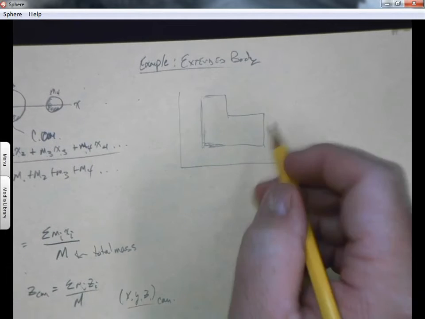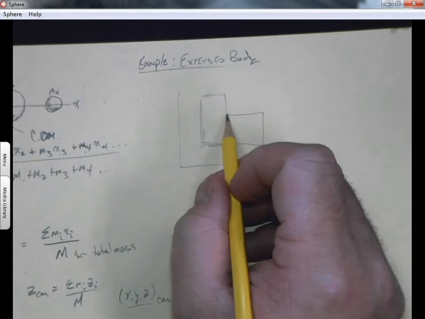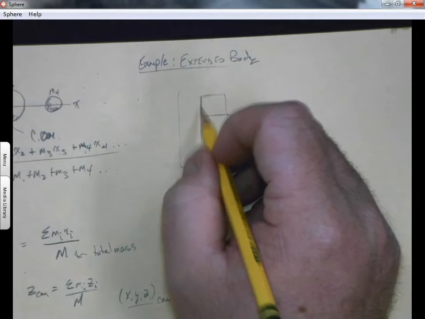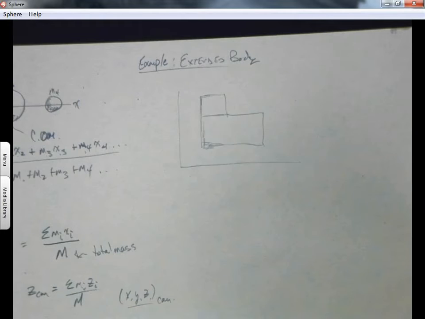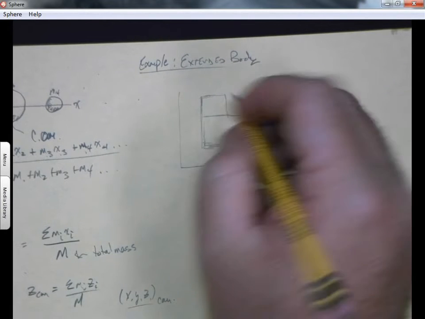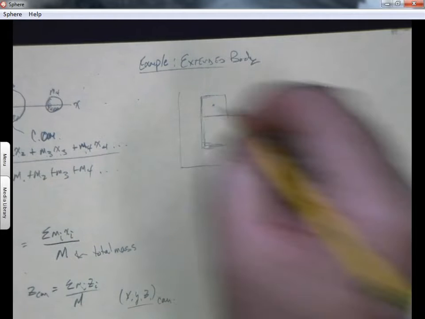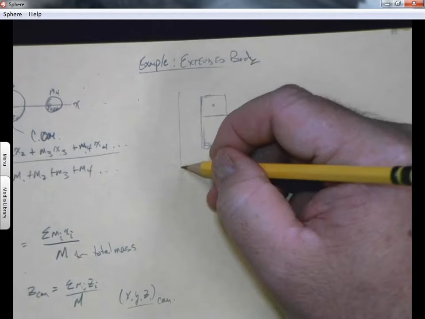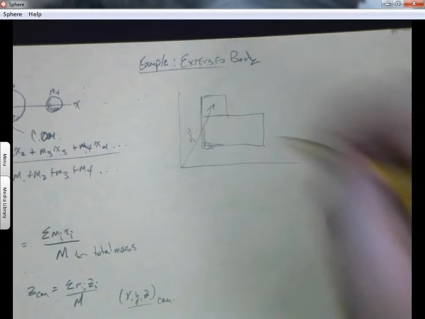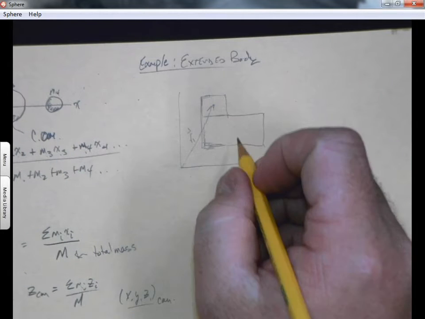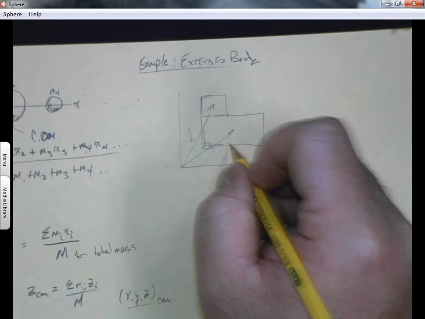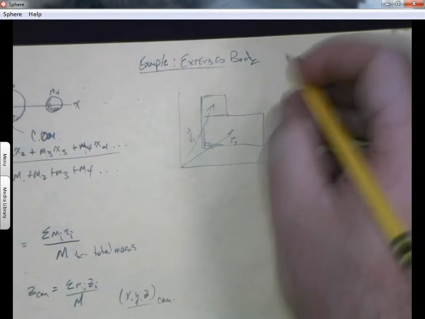Well, we can divide this into two pieces. If this whole thing has a uniform composition, then we can divide it up into pieces that have actual known centers of mass, so that would be r1, and that would be r2, and then we could add them together.